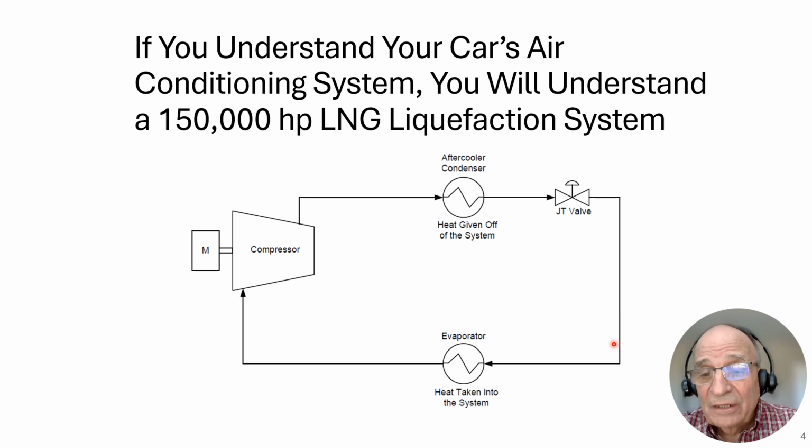And that liquid and vapor then are sent to the evaporator. That's underneath your dashboard. And that is cooling the air that's in your car. So the liquid and vapor come in here at about 35 degrees Fahrenheit and come out of here maybe at 50 degrees Fahrenheit.